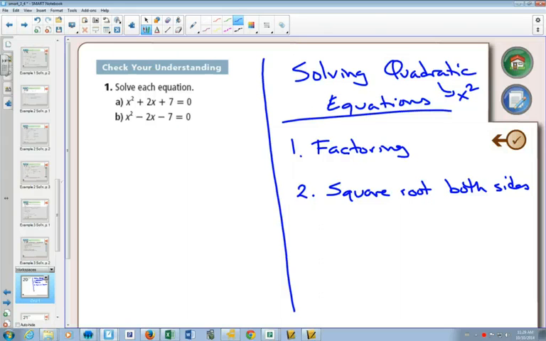Then sometimes we had ones that when you tried to factor them, they didn't work, and you can't just square root both sides. And we had to complete the square.